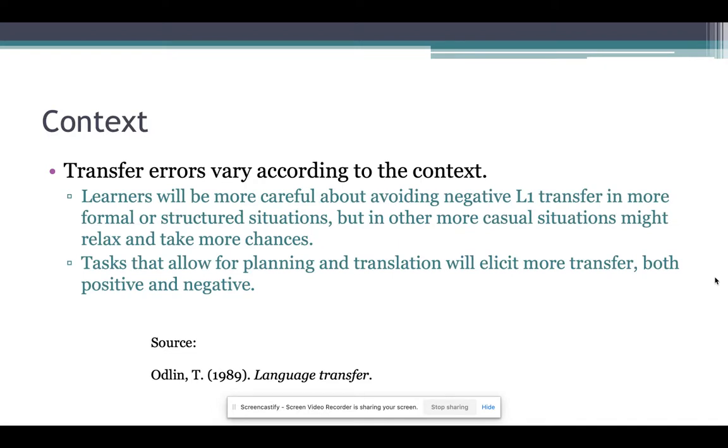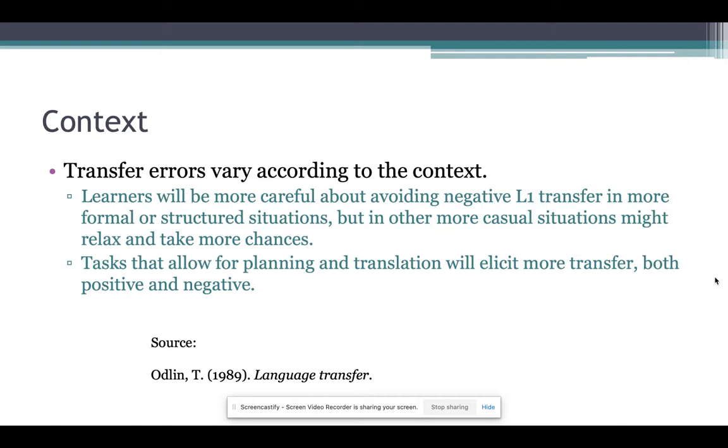So there are other factors that seem to decide whether the learner is going to transfer an L1 form. Researchers, for instance, have found that L1 transfer errors vary according to the context. Learners, for example, will be more careful about using their L1 to support their L2 in certain more formal situations, but in other more casual situations, they might relax and take more risks when using pieces of their L1 to support their L2.